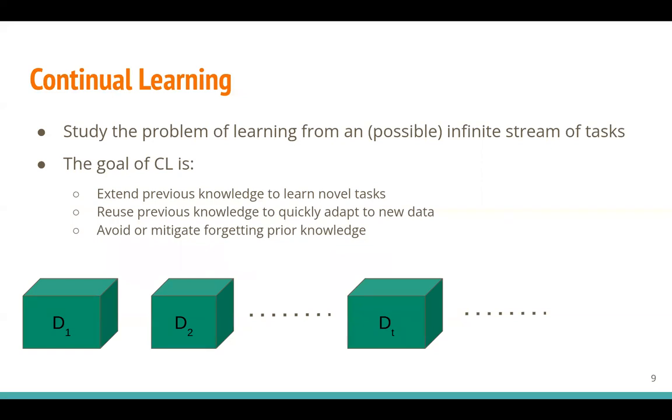So we don't want to stay with the knowledge that we have, but try to adapt or reuse that information. We need to add new information from what we already know to solve the current task or future tasks as well. We also want to try to reuse the information that we already know in our model. And most important is that we want to avoid or mitigate this forgetting.